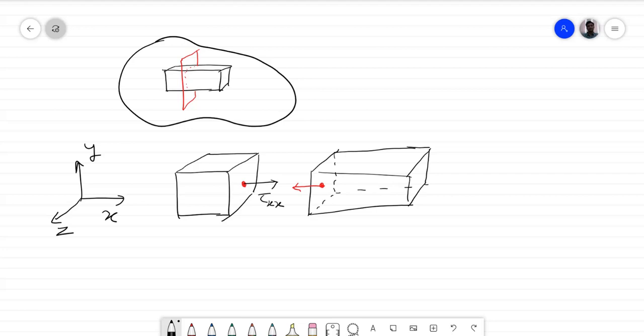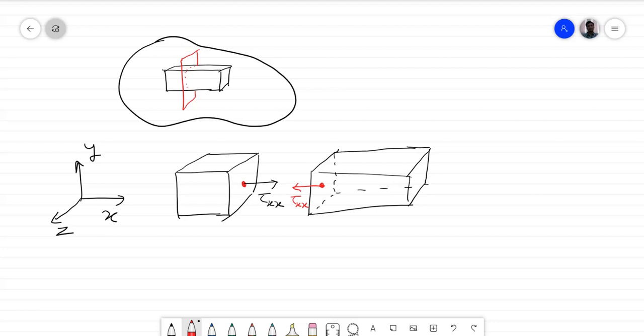So in the first case, the one that I have drawn with black color, that arrow is in the positive x direction, therefore positive tau xx is in the positive x direction. For this red arrow, the face normal is in the negative x direction, therefore the stress component in the negative x direction is considered to have a positive sign. So I'll write tau xx.